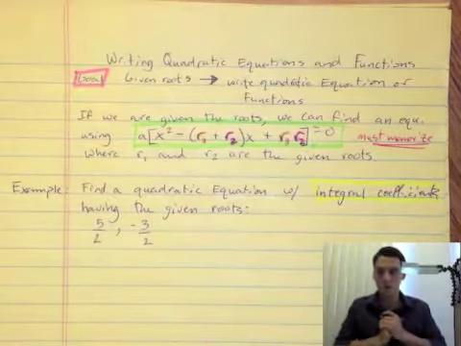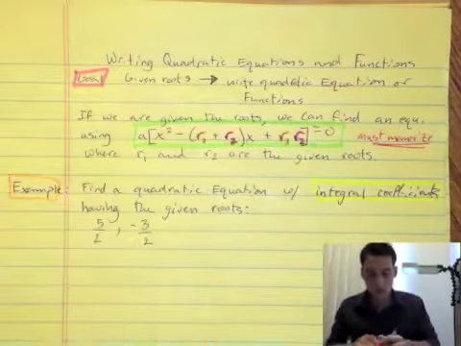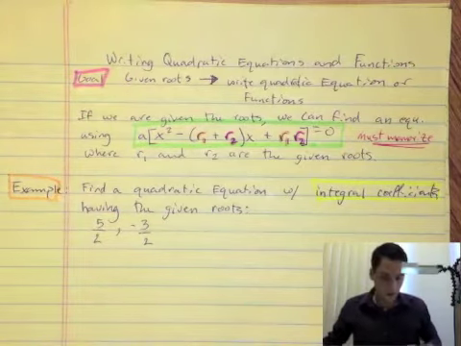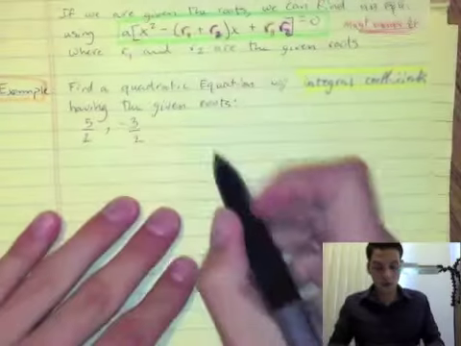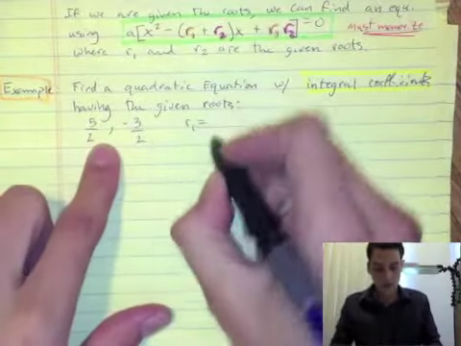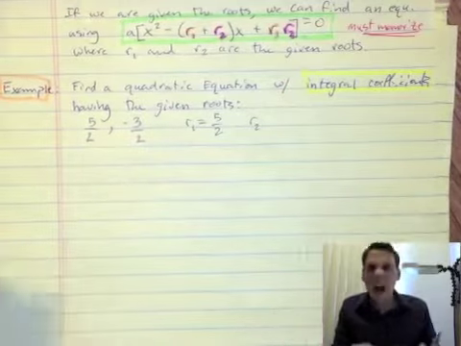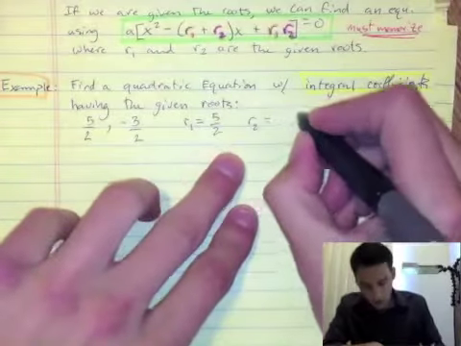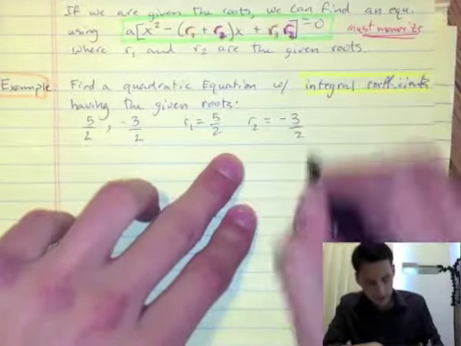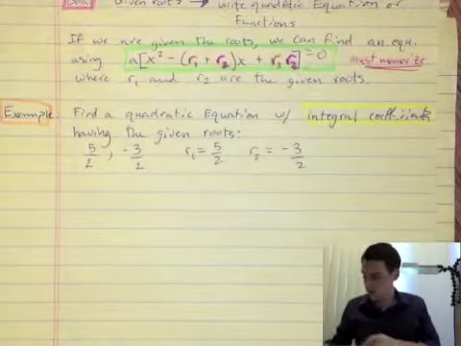So this is what our problem would look like, and we have to come up with a quadratic equation. That's easy because we have a formula to do that. R1 in this case will be 5 over 2, and R2 will equal negative 3 halves.